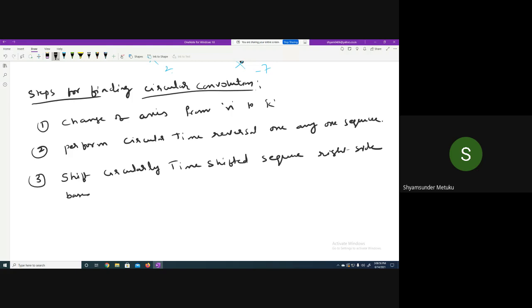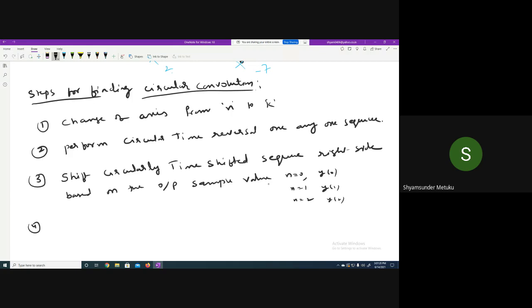Based on the output sample value. If it is n equal to 0, no shifting. n equal to 1, one time shifting. n equal to 2, two time shifting. Is it clear what I meant to say? Same step, there's no change.